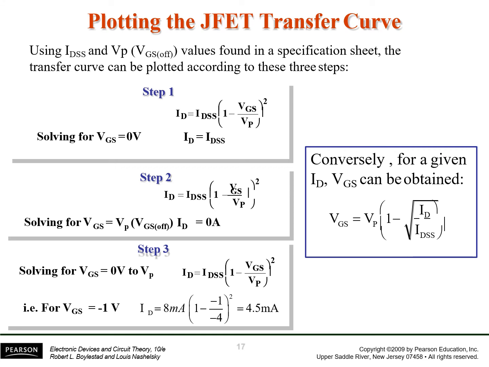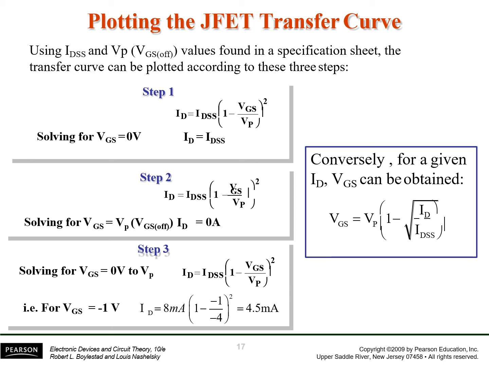Now, how do we plot the JFET transfer curve? As I have already told you, we have two characteristic values of a particular JFET, and those two characteristic values are IDSS and VP. We can find these values in the specification sheet of a particular FET.